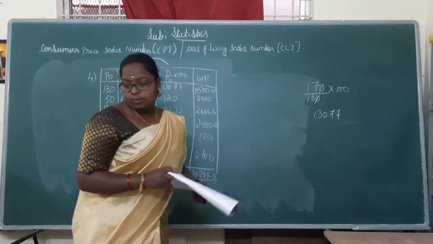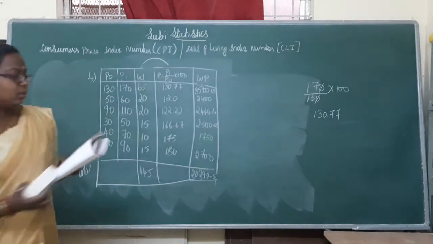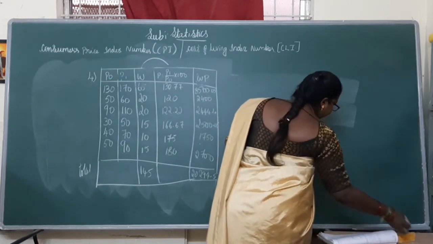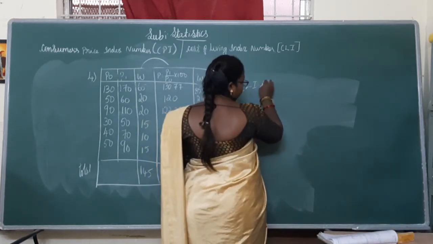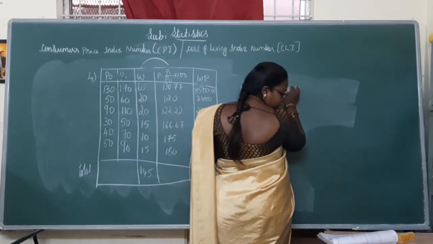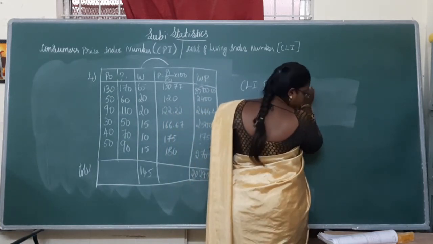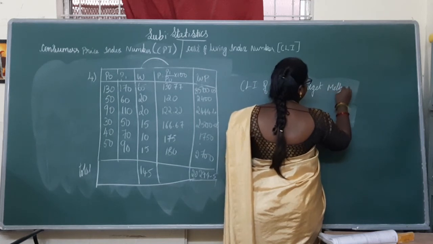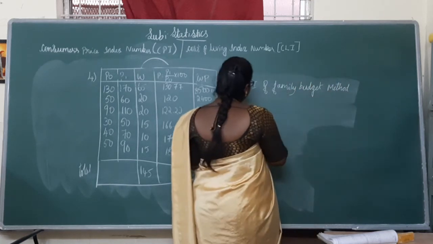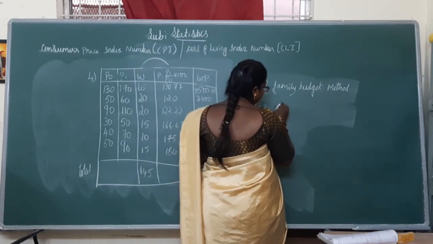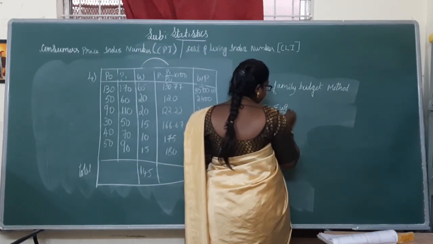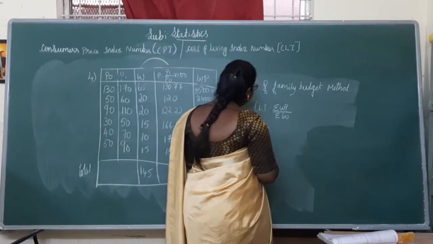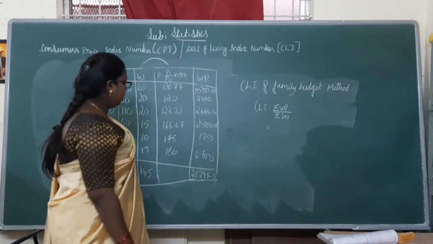Now for this the formula will change, okay? My cost of living index by the family budget method is CLI equals sigma WP divided by sigma W. That is my total weighted price divided by total weight.